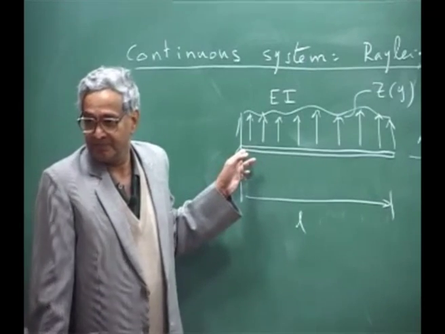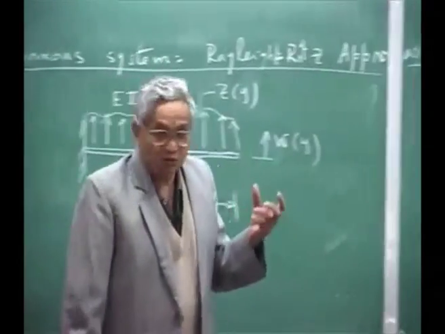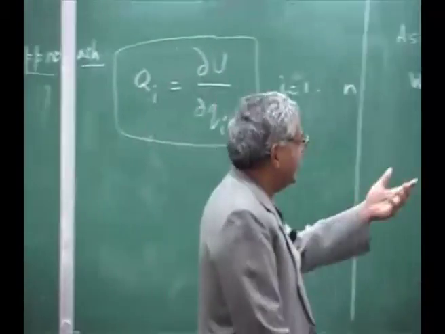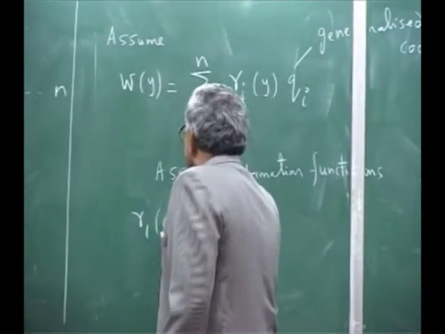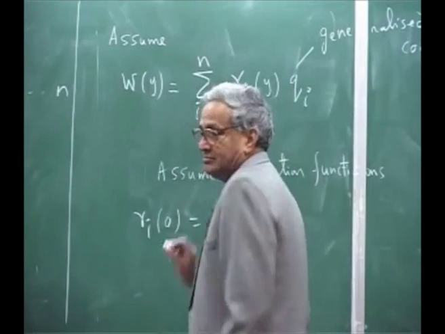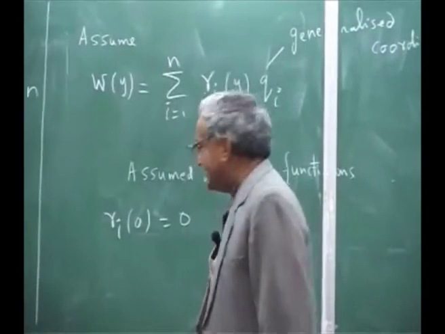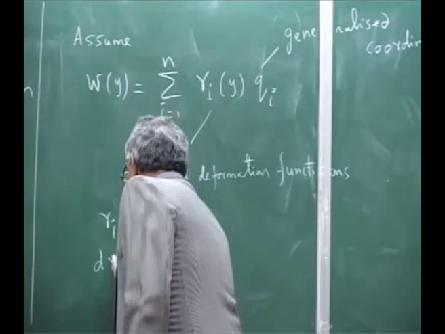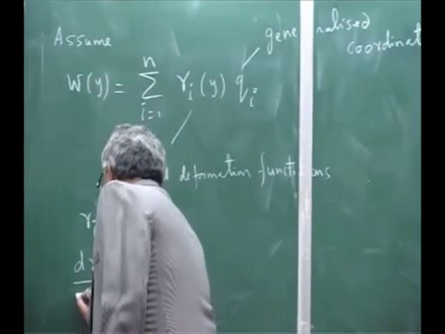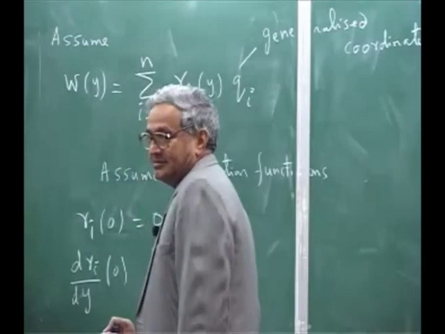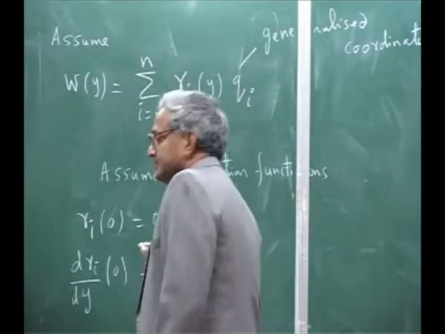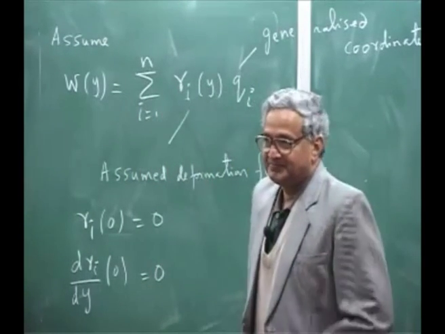That means I must choose those functions where gamma i at 0 is 0. Then d gamma i over dy at 0 is also 0.